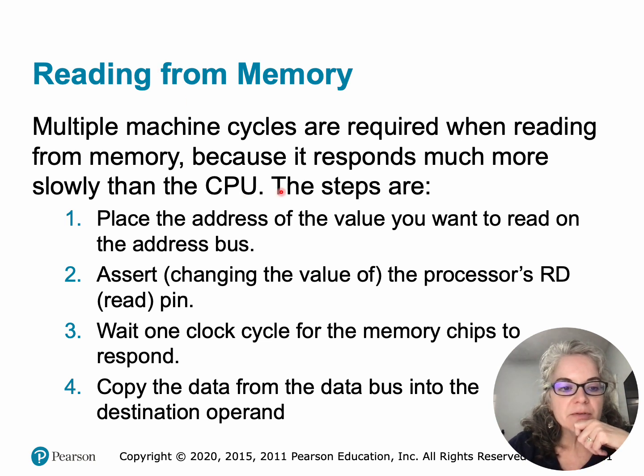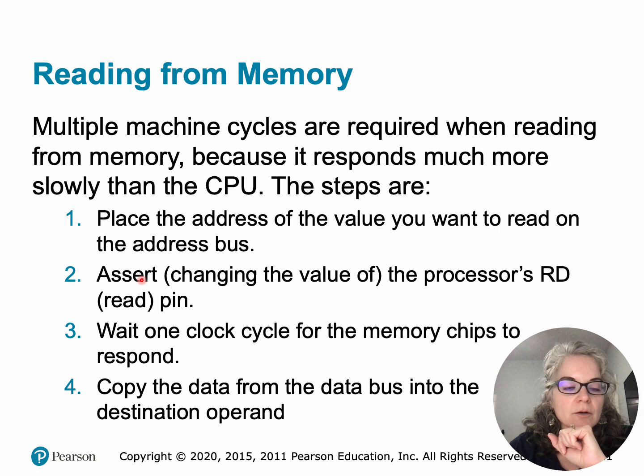The steps to read from memory are: place the address of the value you want to read on the address bus. Remember, we talked about the address bus. The CPU is going to give RAM the address that it wants to read.